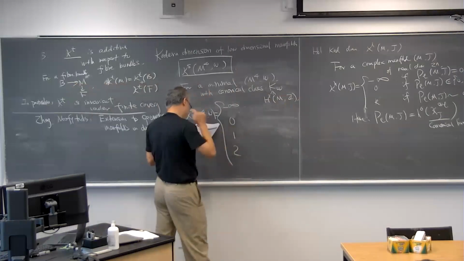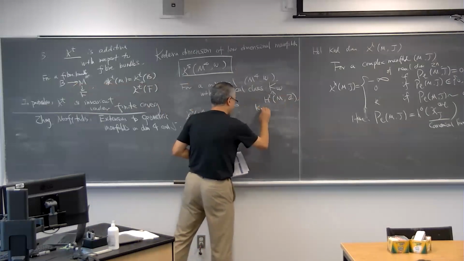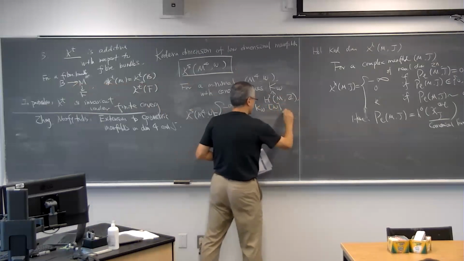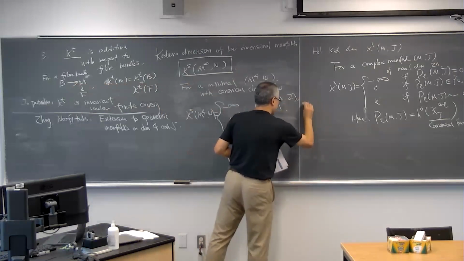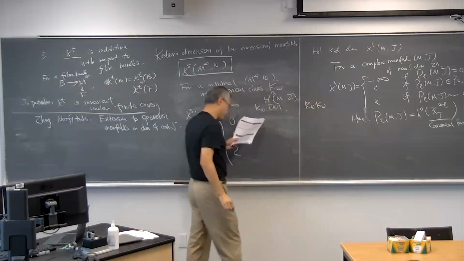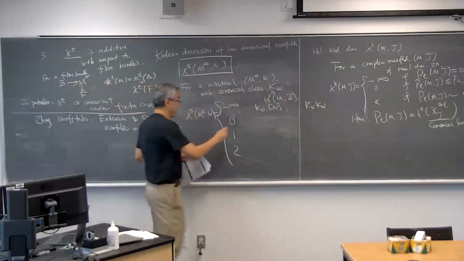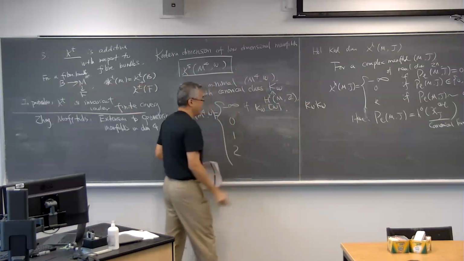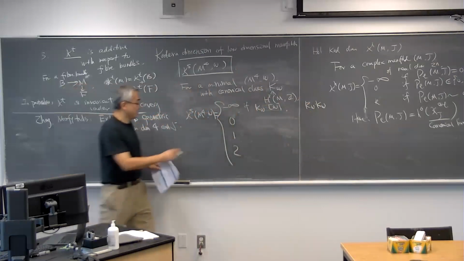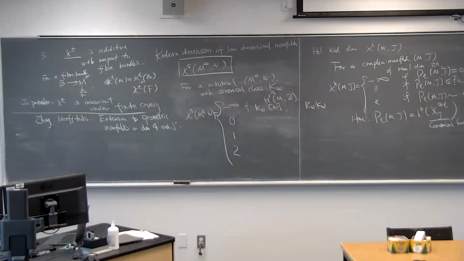So it depends on two parameters. It only depends on the two parents. The class of omega is also a degree 2 cohomology class.